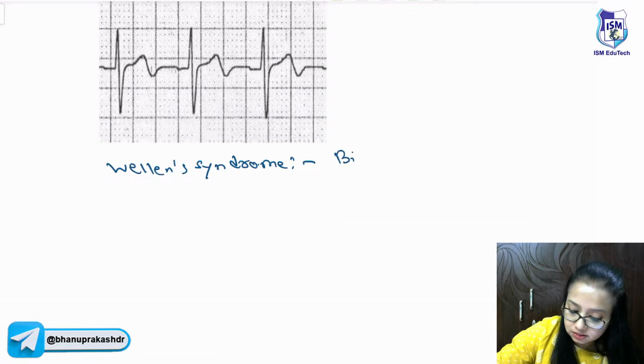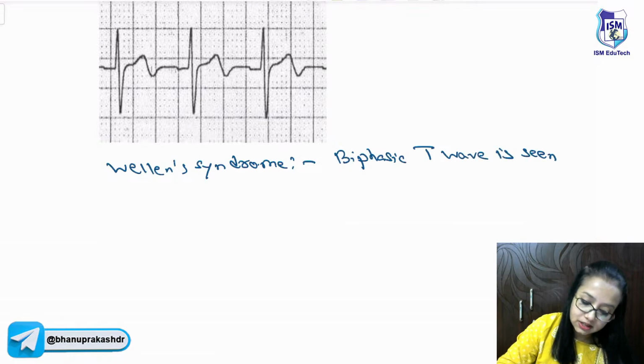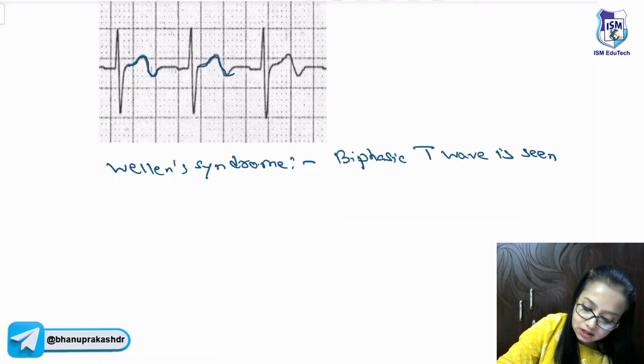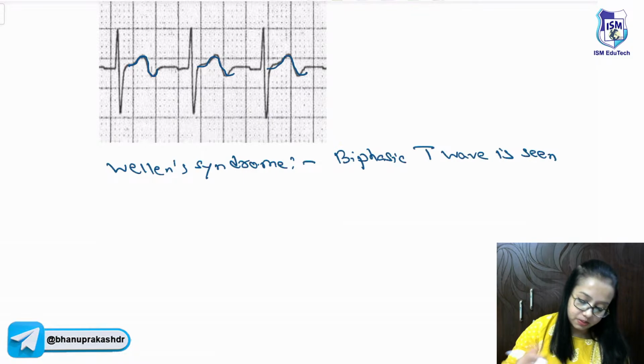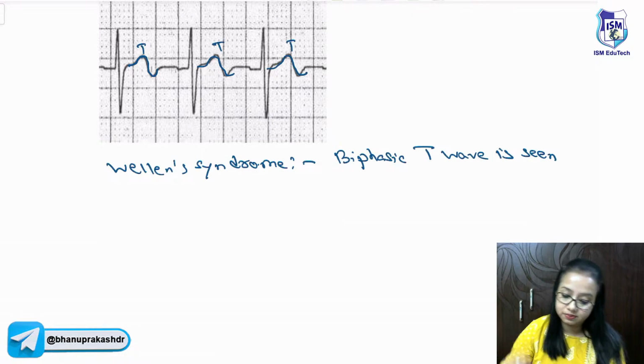Here, biphasic T wave is seen. So you can see here the T wave has gone both up and down the isoelectric line. Up and down the isoelectric line. This is biphasic T wave.